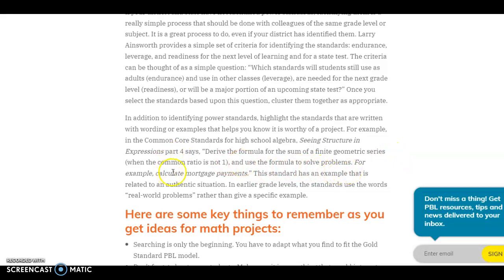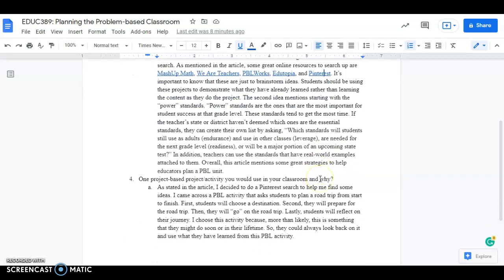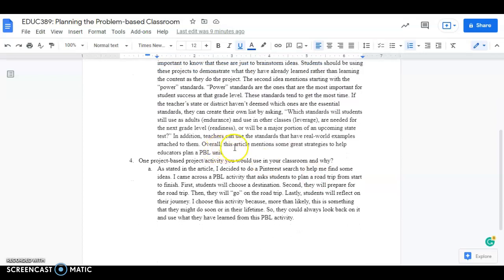For example, calculate mortgage payments. So students could do a problem-based learning project or activity that has to do with calculating mortgage payments, which is definitely a real-world example that they would use in the future. Overall, this article mentions some great strategies to help educators plan a problem-based learning unit.